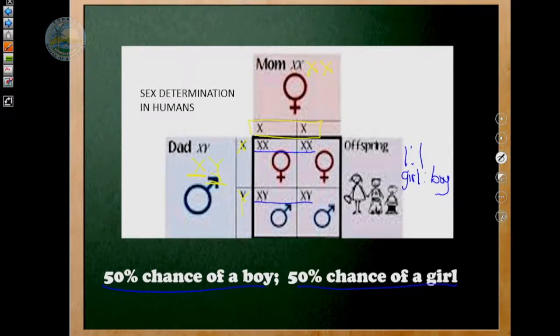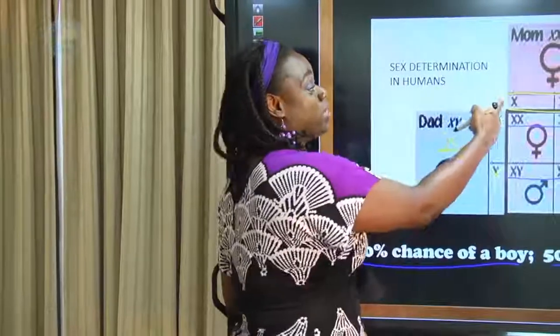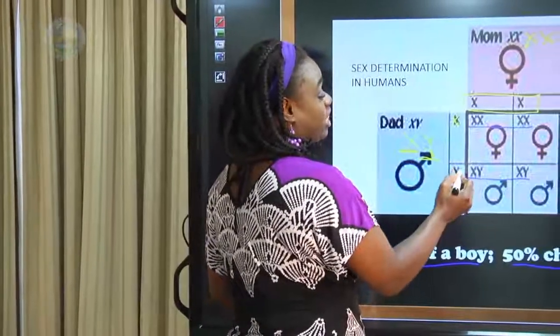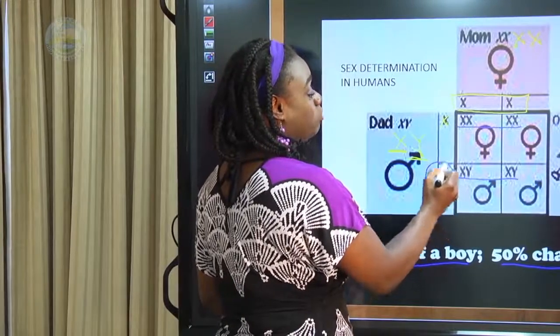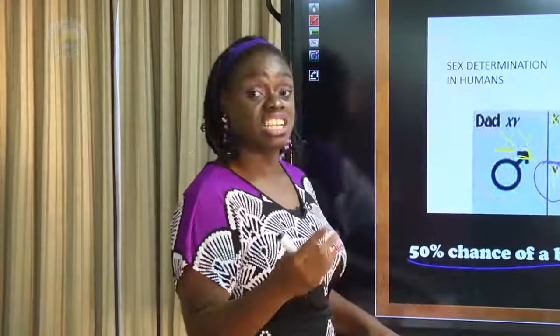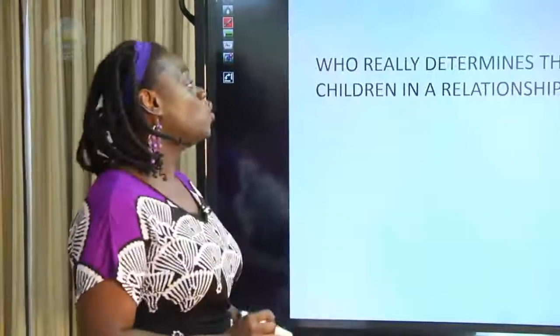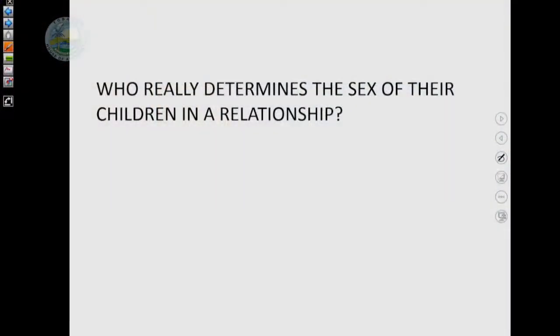Take note that if women were to have children on their own, they would only have female children. However, it is the man who contributes this Y gene or the Y chromosome to his son. So it is really the man who determines the sex of the children.